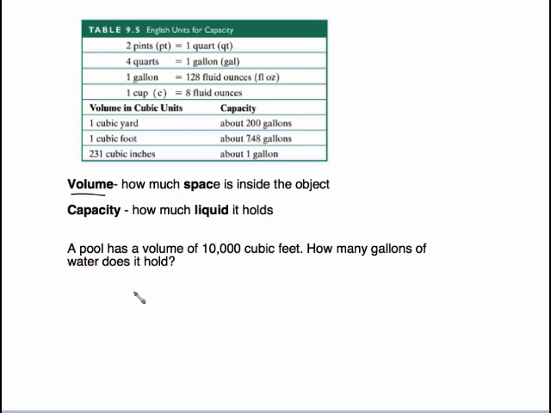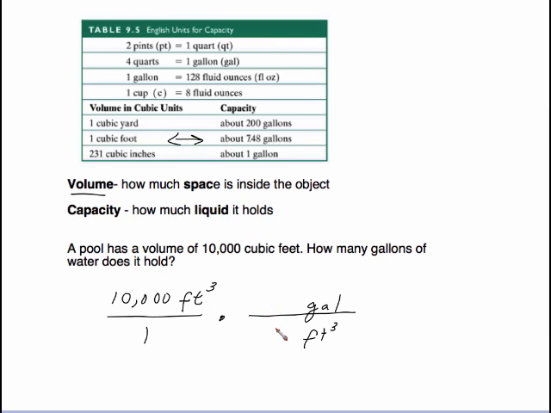So a pool has a volume of 10,000 cubic feet. How many gallons does it hold? Well, I need to come up with a unit fraction where cubic feet is on the bottom and gallons is on the top. Do we have cubic feet and gallons right here?